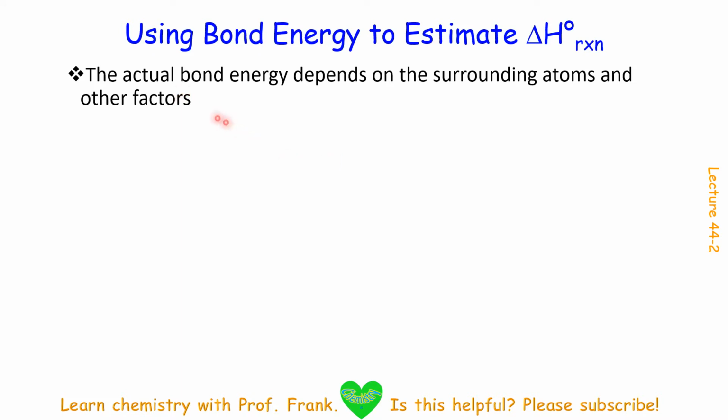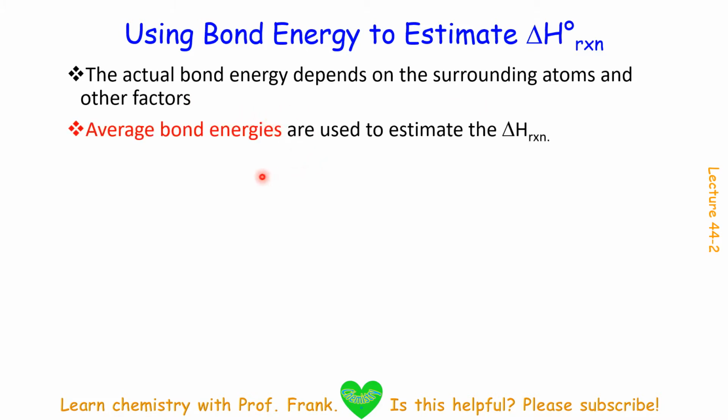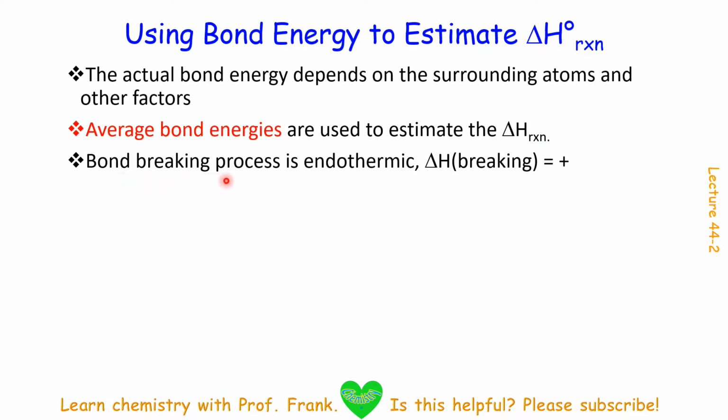When it comes to the actual bond energy, it depends on the surrounding atoms and other factors. So therefore, we use average bond energies in estimating the delta H of reaction. The bond breaking process is endothermic. That's why delta H has a positive sign.